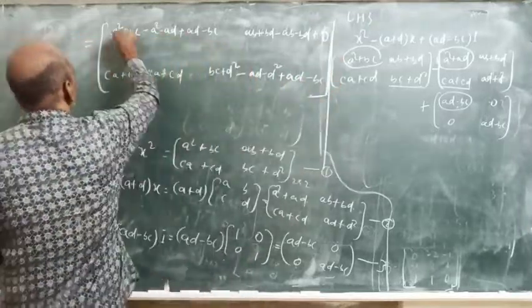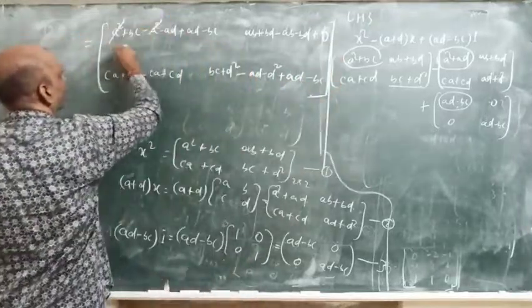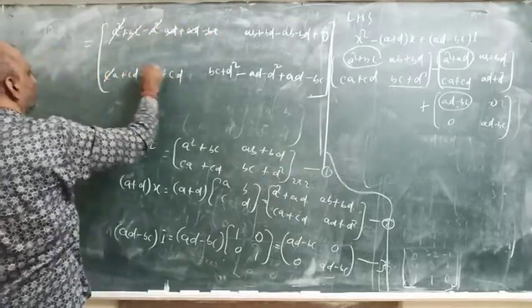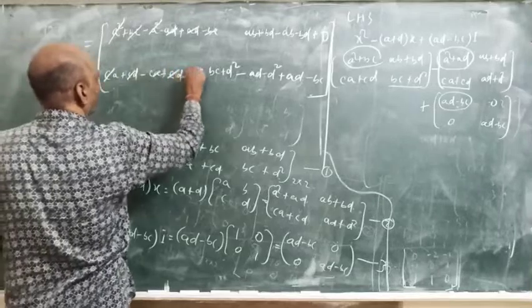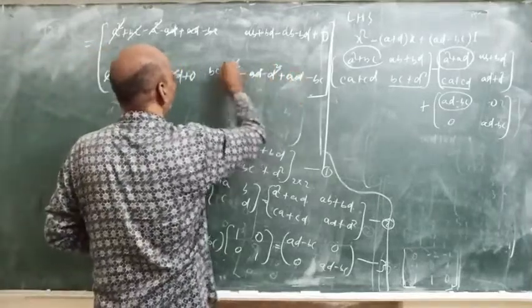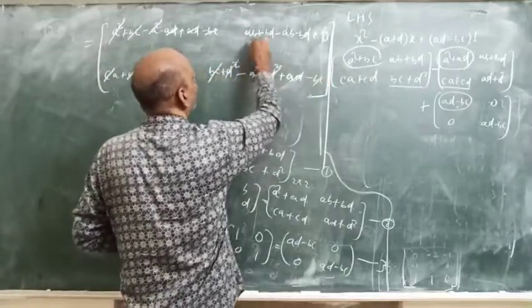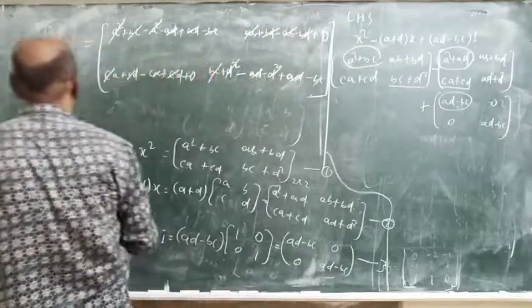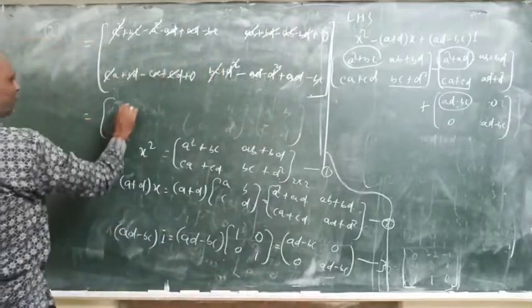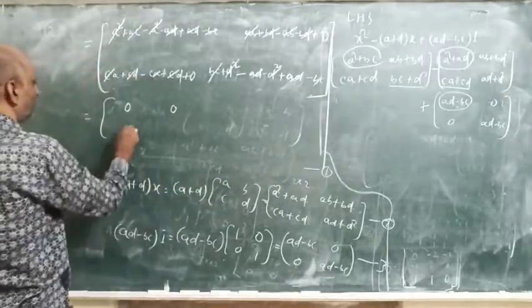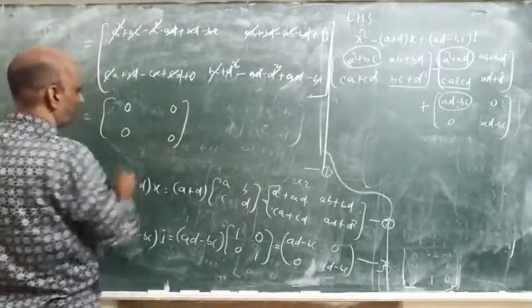Now look at here: a square, bc, ad, ca, cd, that's 0. d square, ad, bc, ab, bd. Okay, what are we getting? 0, 0, 0, 0.